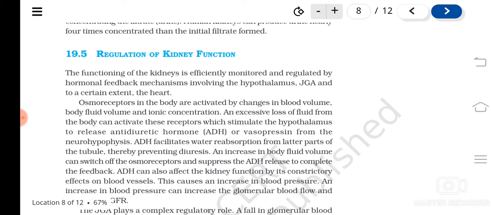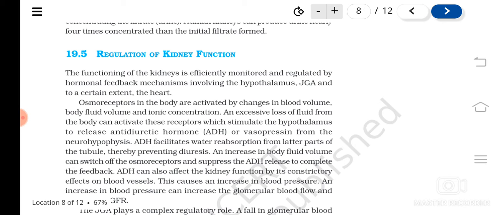If more water is there, osmoreceptors will not give the message for production of ADH, and if ADH is not there, there is no message for the reabsorption of water.